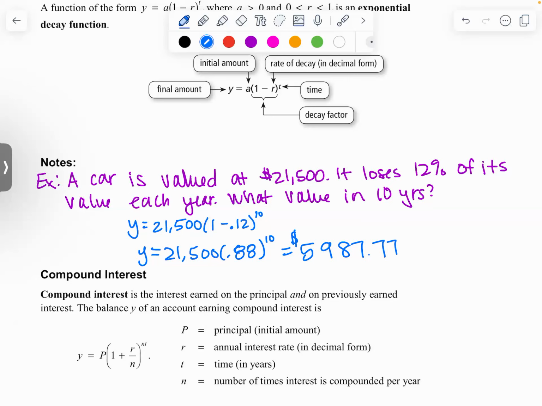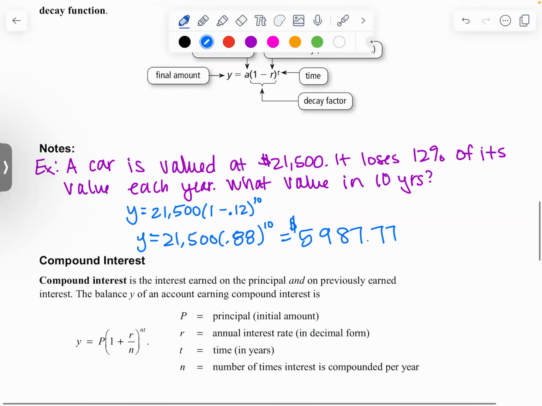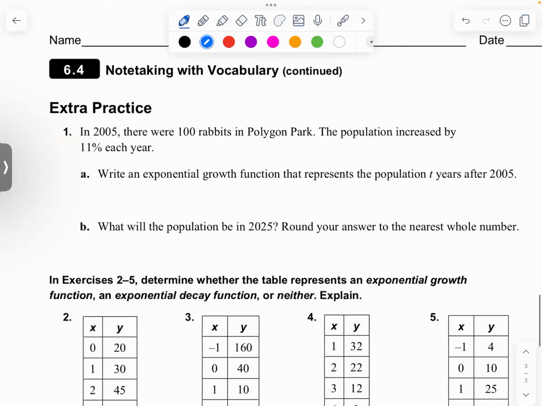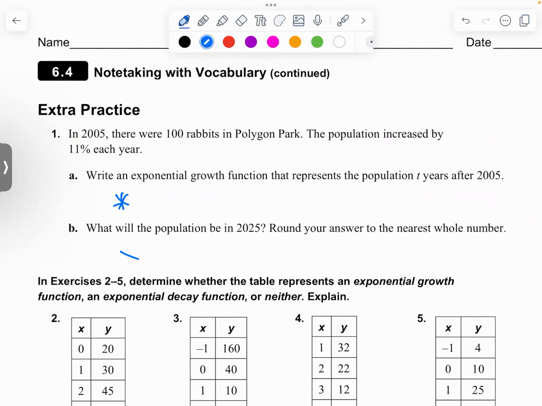Okay, all right, now on the next page, in number 1, I would like you to set up the equation as A, and then plug in a number for B. I want to see what you get. It's literally on the next page, number 1.